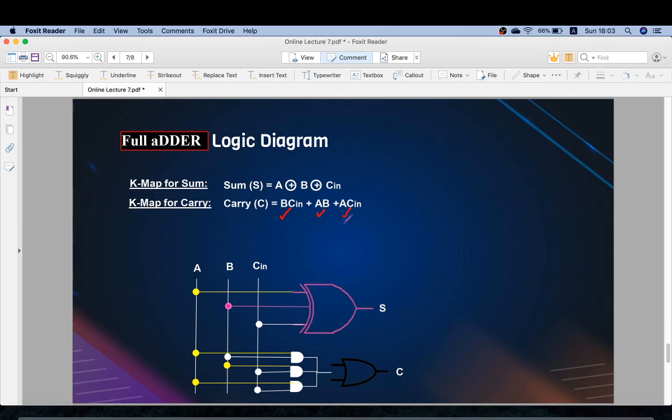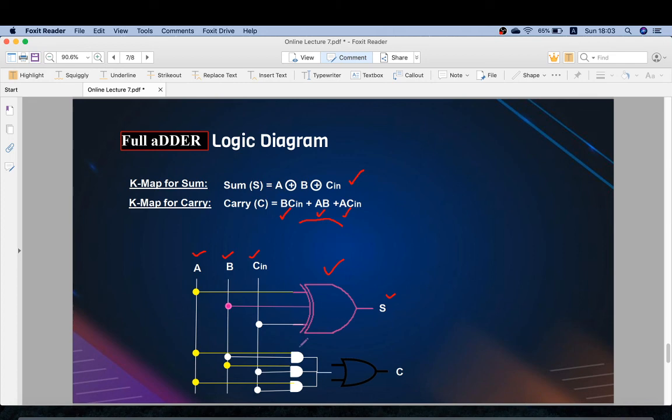So first of all we will use three AND gates, and then in order to sum them we will use an OR gate. So first we will use the XOR gate. This is the XOR gate with the three inputs A, B and C in, and the final output will be A XOR B XOR C in.